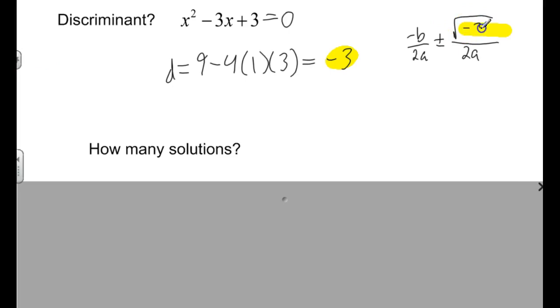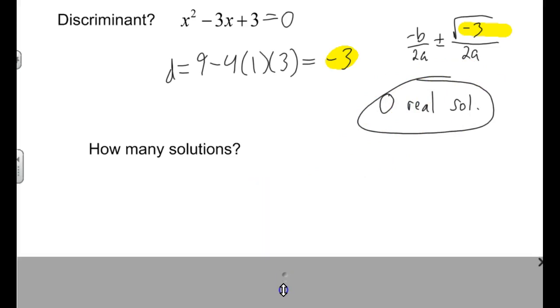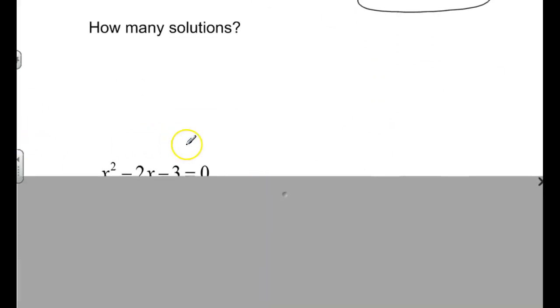Well, you won't get a real number. Square root of a negative, we know this much, it's imaginary. We haven't learned exactly how to do that, but we know that guy's imaginary. And so at this point, we're adding and subtracting an imaginary number, so neither of those roots are real. So I'm going to say there are 0 real solutions. There would be some imaginary solutions, but right now, I don't care about those. I'm just going to say 0 real solutions because we haven't learned about how to find those exact imaginary roots.